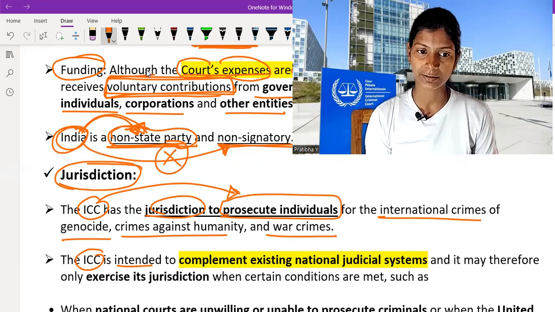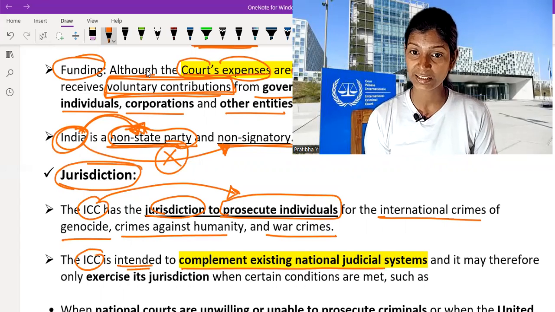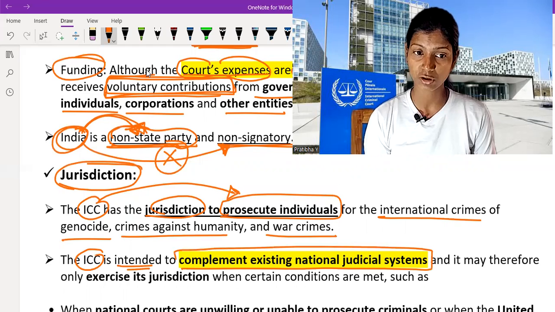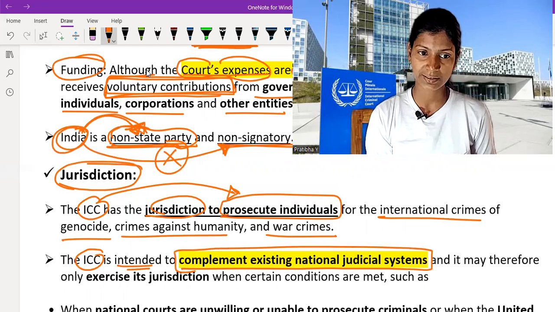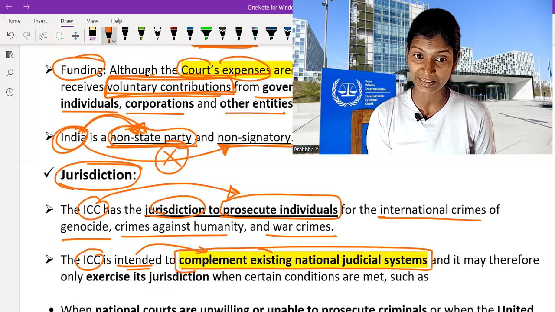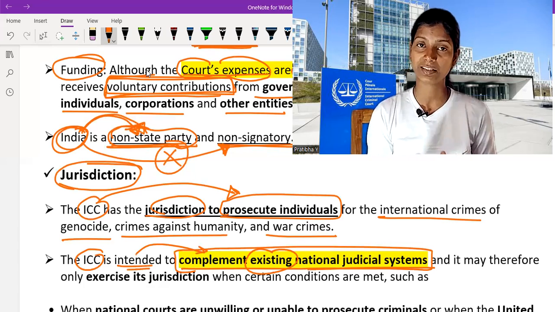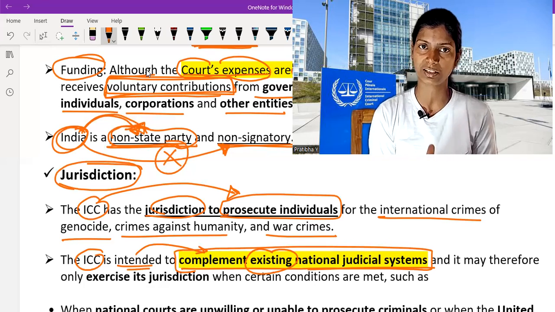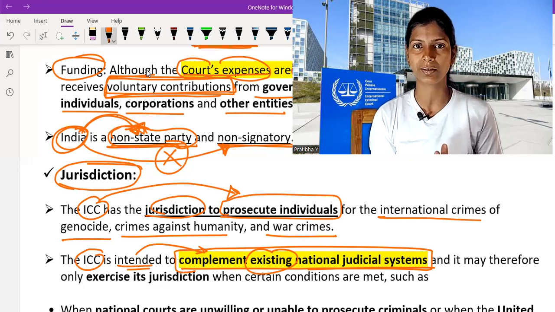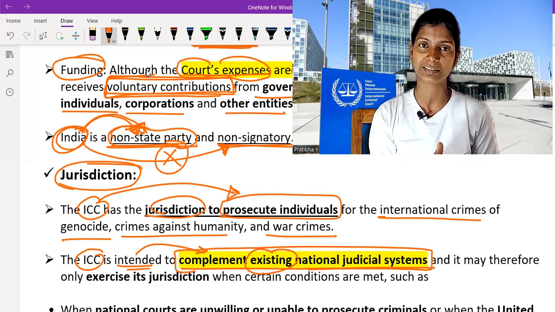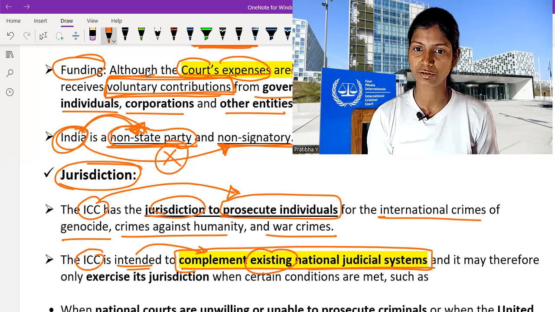ICC is intended to complement the existing national judicial system. It is not an altogether different body, and it does not work independently.